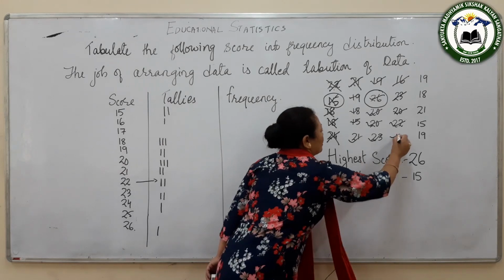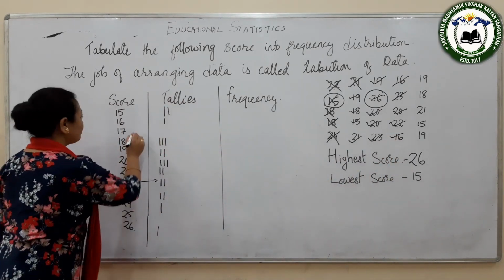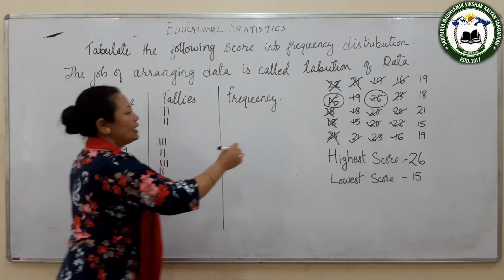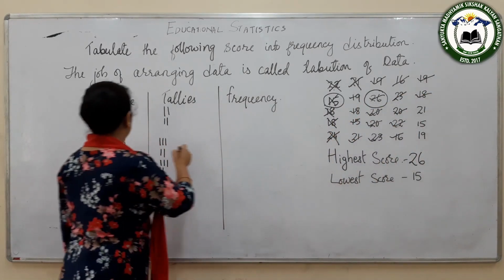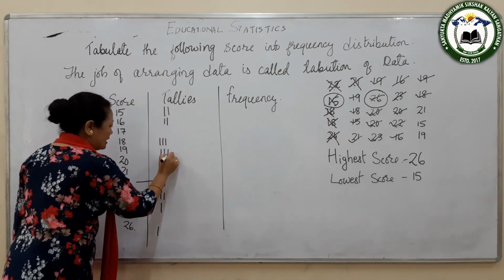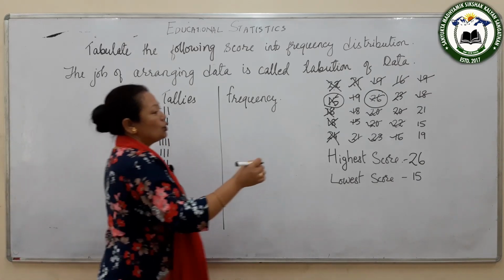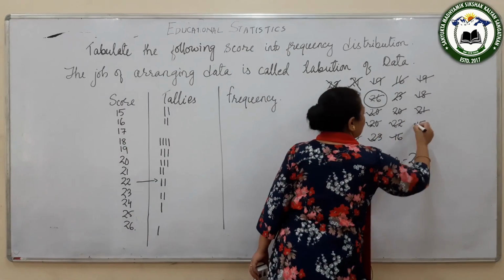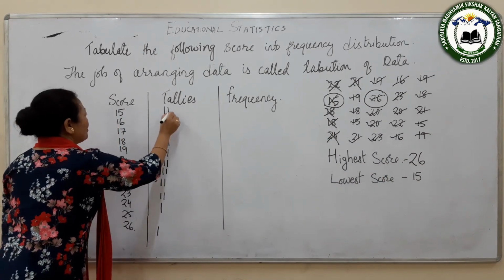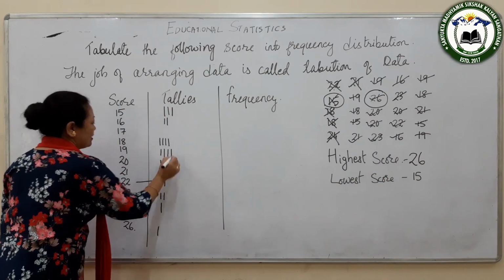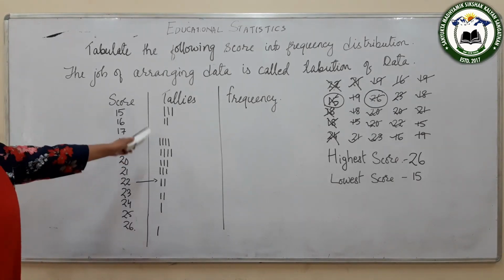Again my another number is 16, so over here 19. Again we have an 18, 19, then 18, 21, 15 and 19. So these are the tallies.